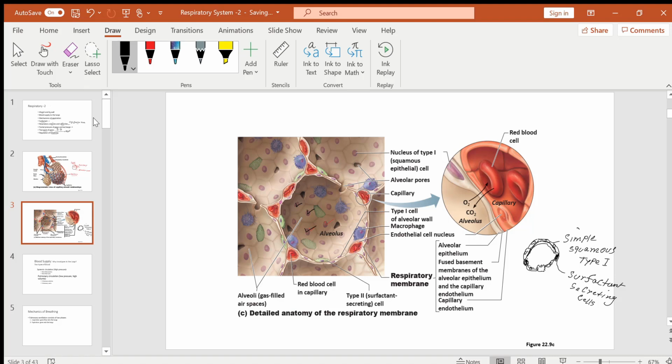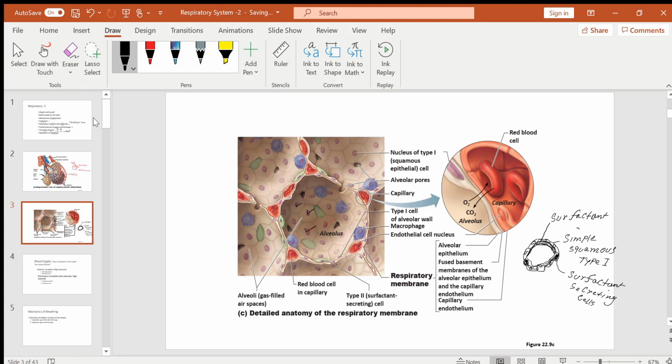That thin layer of fluid, surfactant, keeps the alveolus open. If that surfactant is absent, then what will happen? The alveolus will collapse. So surfactant is a fluid secreted from the surfactant secreting cells, and that forms a layer on the inner surface of the alveolus to keep the alveolus open.